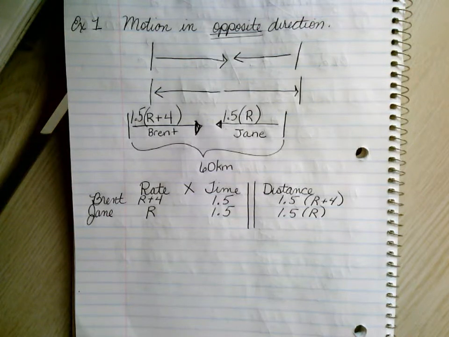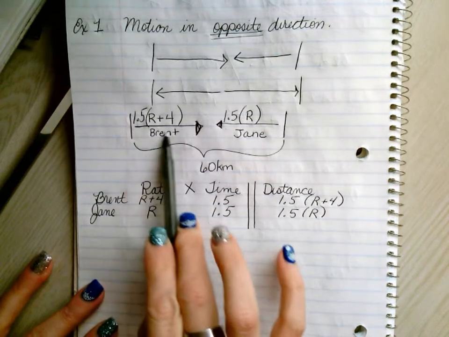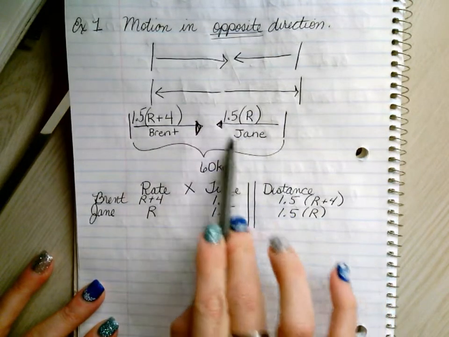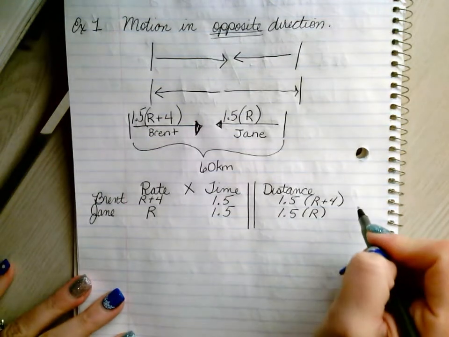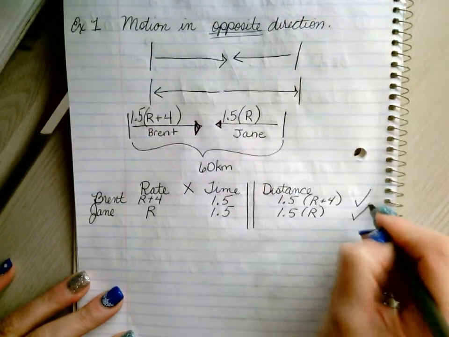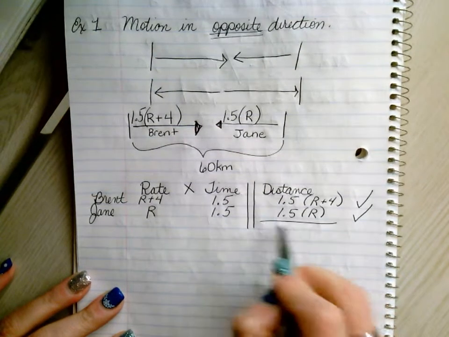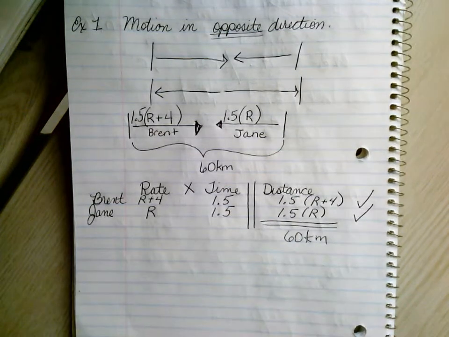Absolutely. Clayton, good job. Yes. So whatever Brent traveled plus whatever Jane traveled covered the 60 kilometers that they were said to have been apart from one another. Therefore, Brent's distance added to Jane's distance has to equal the 60 kilometers that they were apart.